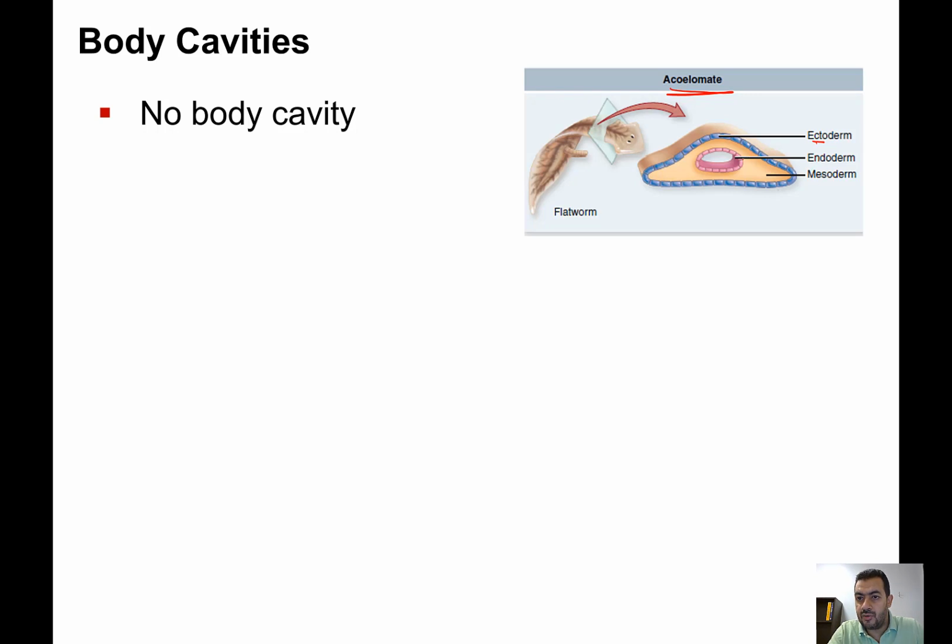Then we have the endoderm, which is the innermost layer, and we have the mesoderm. As you can see, there are no cavities. So this is the first group, the acoelomates. If you remember, the endoderm will surround the digestive system. So what is inside here is the digestive system of this flatworm. There is no space for the digestive system to expand or to grow.